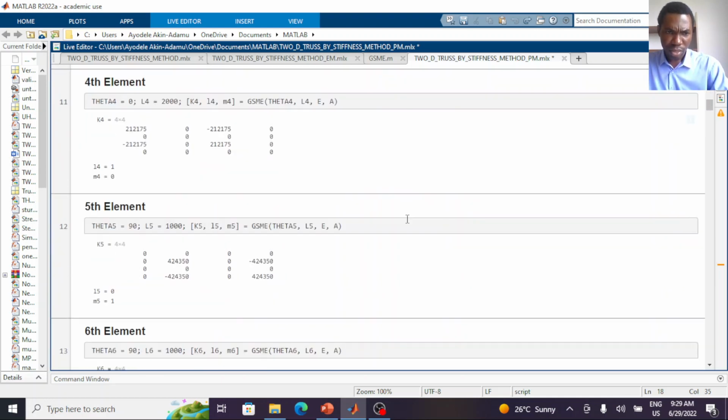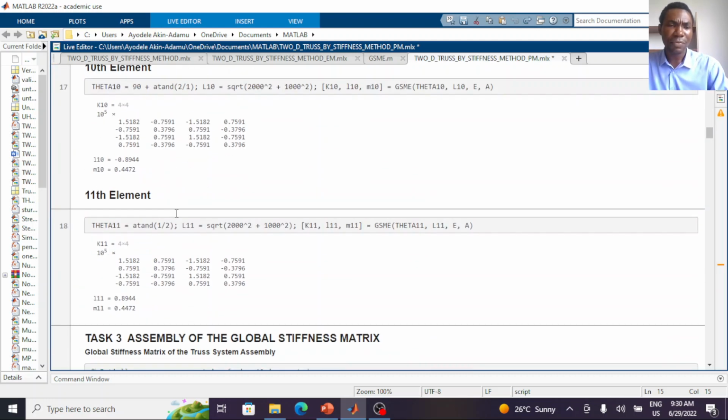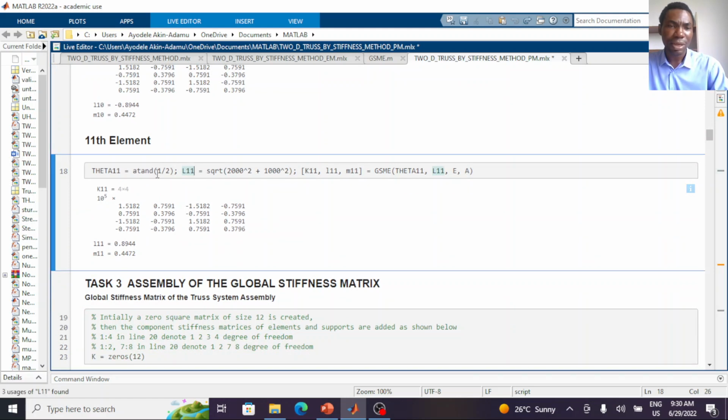This function, this atand, means arctan. The D means it is going to return the angle value in degrees.